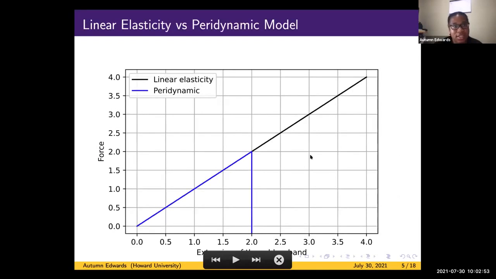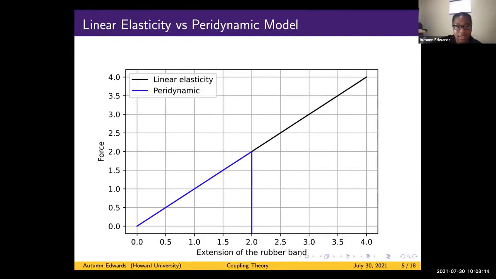All right, so here is a graph which shows linear elasticity versus a peridynamic model. This summer we used a model where we were holding a rubber band on both ends, and a force was applied to the top where somebody pulled the rubber band.